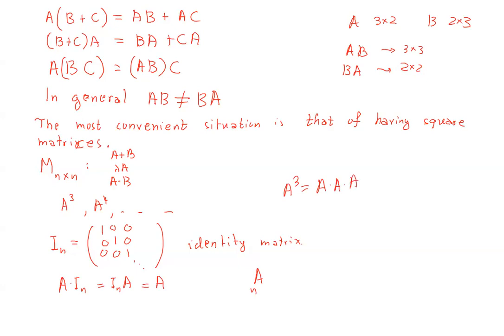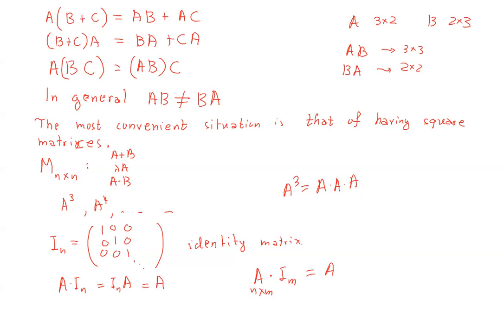So if I take an n by m matrix A and I multiply it by the identity with m rows and columns, then this will be A again. So the identity matrix in any scenario will always give us the same matrix.